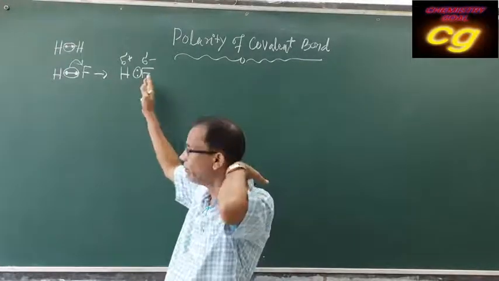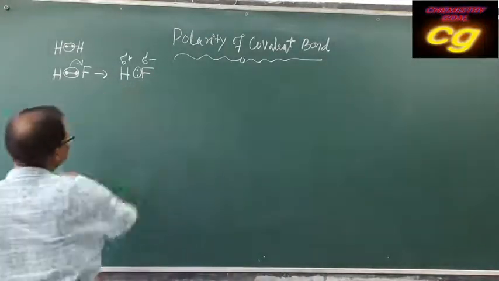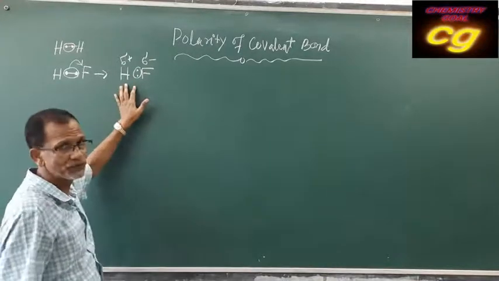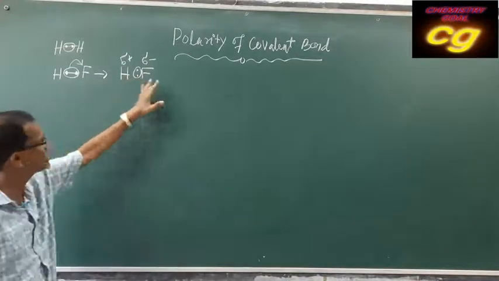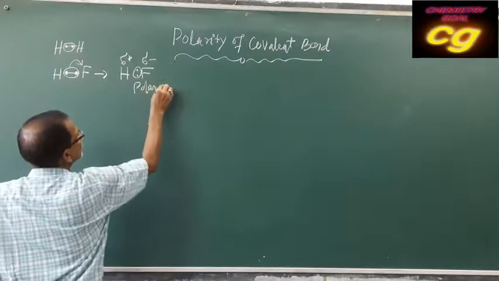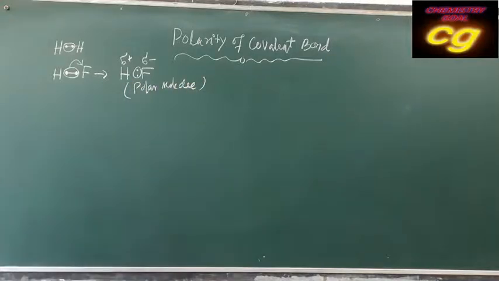So fluorine will become minus and hydrogen will become plus. This formation of partial positive and negative charges in HF is why HF is a polar molecule. So HF is polar.